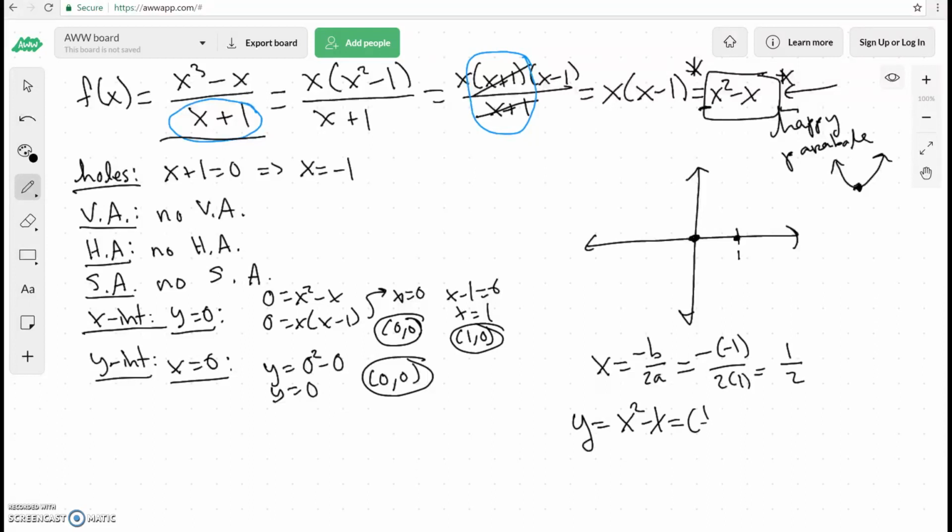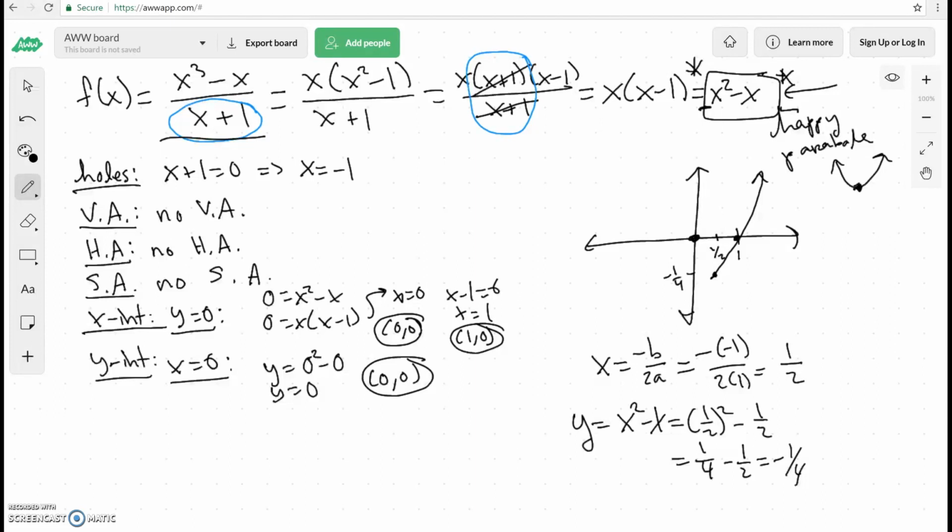So I'm going to get 1/2 squared minus 1/2, which is 1/4 minus 1/2. This is going to give me -1/4. So at 1/2, I'm going to get -1/4. This figure is definitely not drawn to scale. And then all we have to do is draw my parabola.